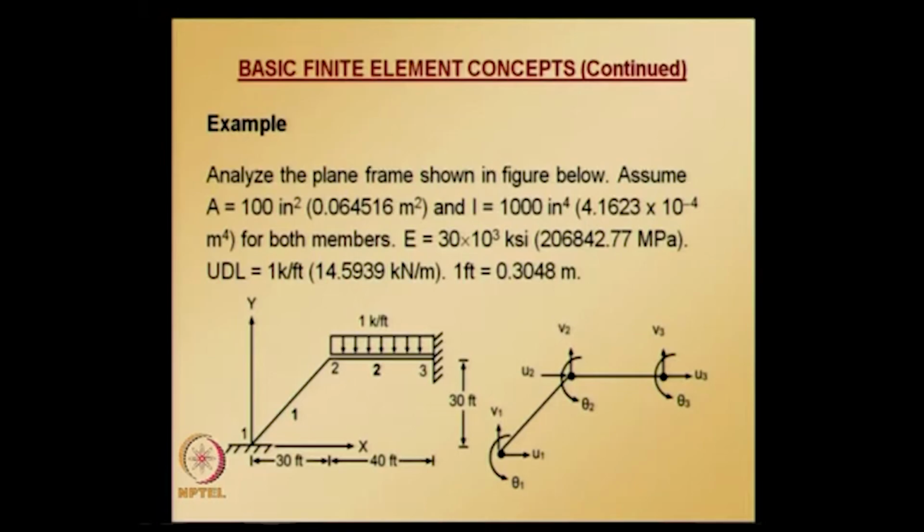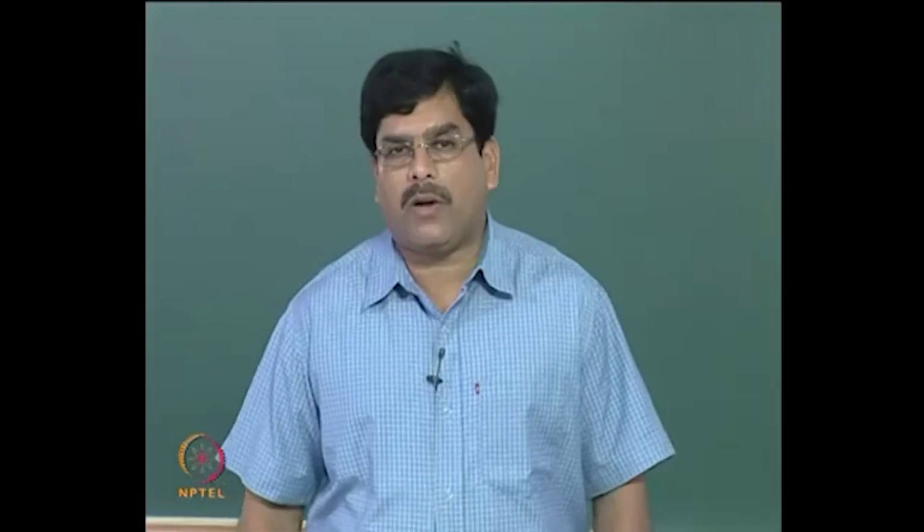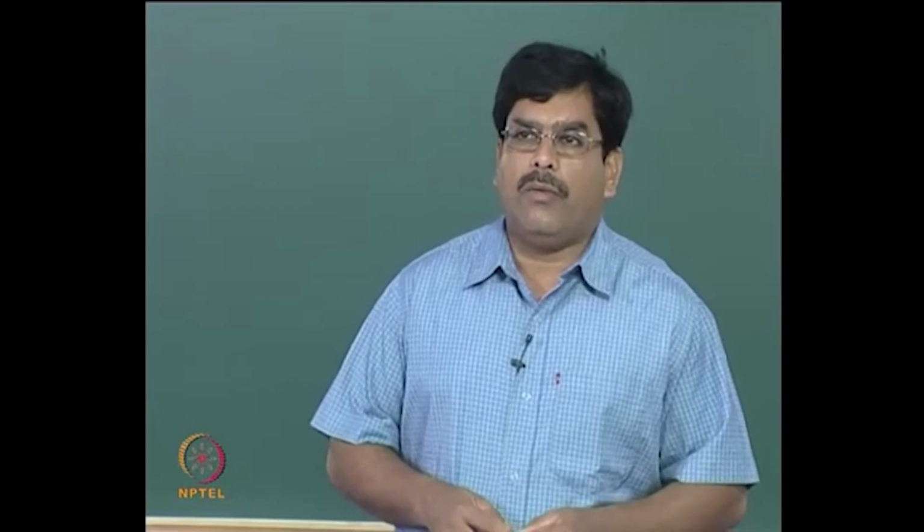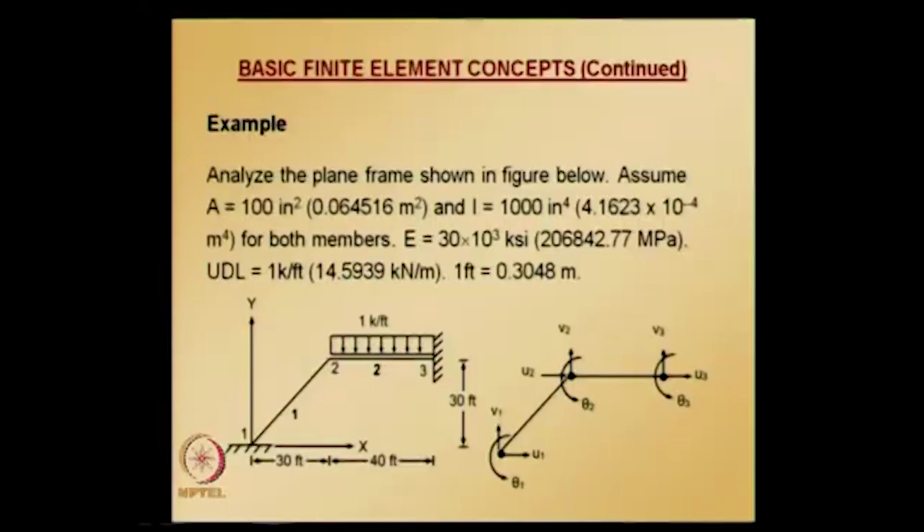Similarly, all degrees of freedom at node 3 are constrained, that is U3, V3 and theta 3. The only node which has non-zero degrees of freedom is node 2, which is going to have U2, V2 and theta 2, and we need to solve for these values.